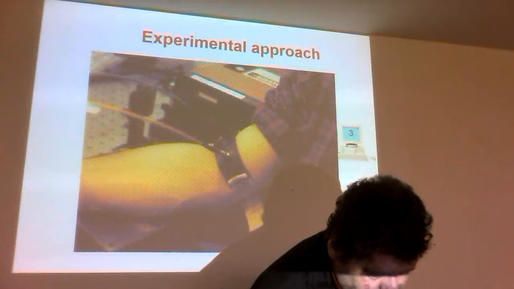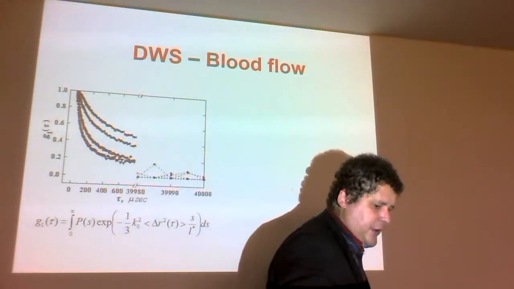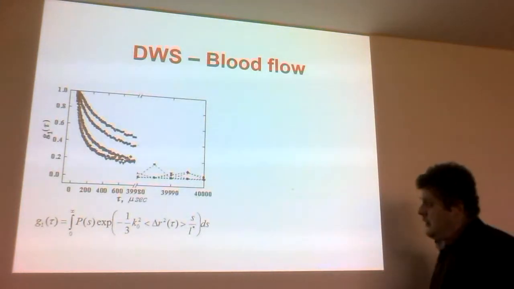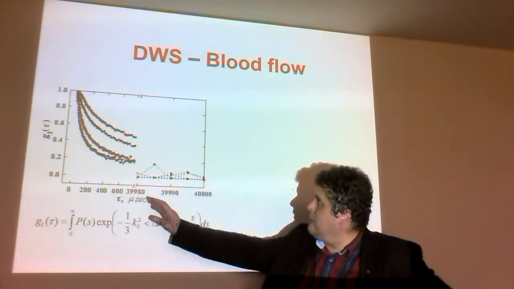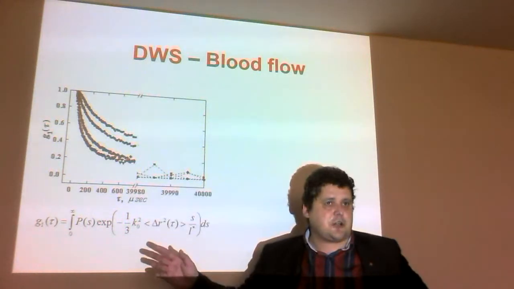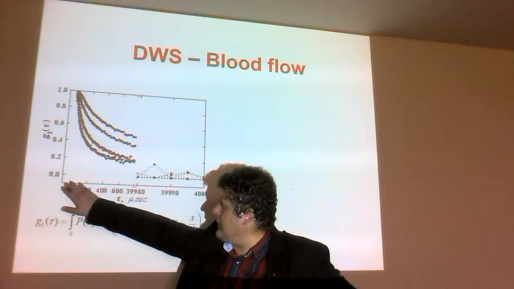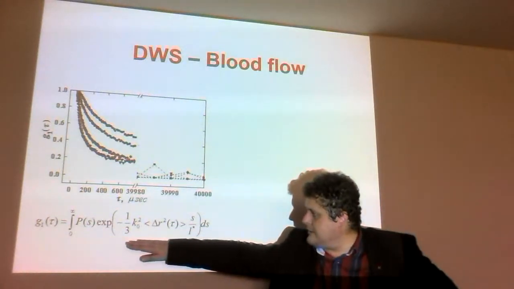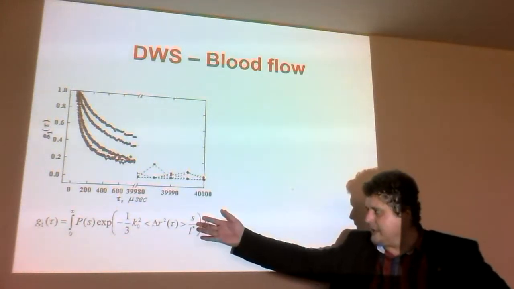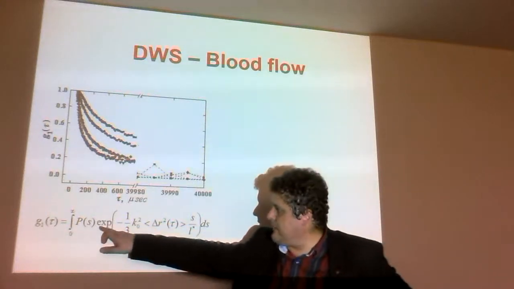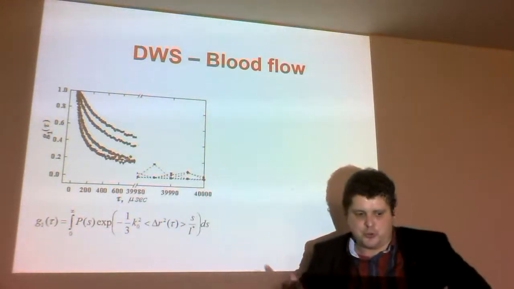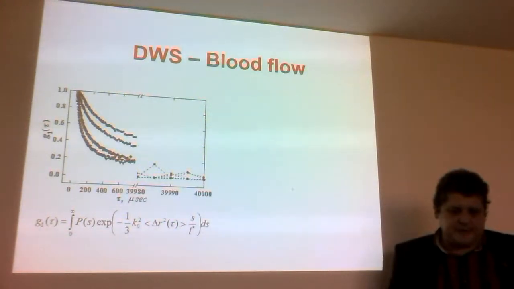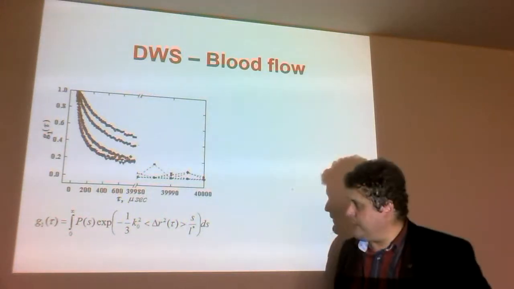that use. And what we were able to see, so again, we measured the intensity correlation function, and through the Siegert relation, we transformed it into a field correlation function that could be described analytically. And this function describes the distribution of trajectories of photons within the tissue.